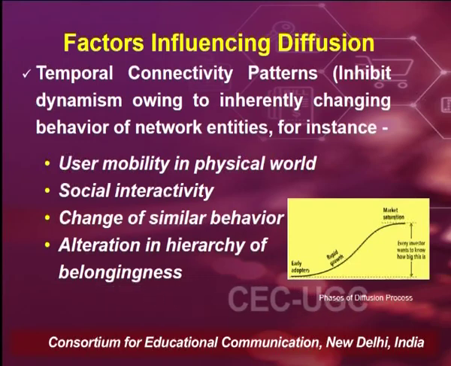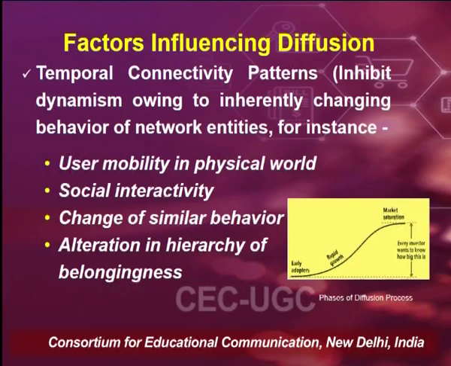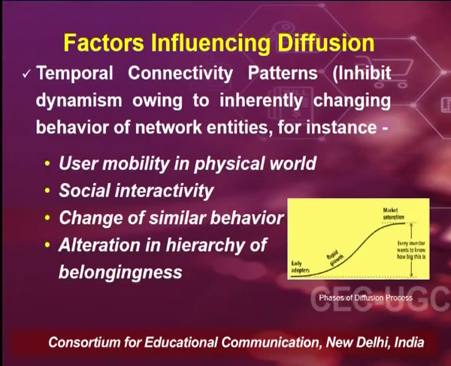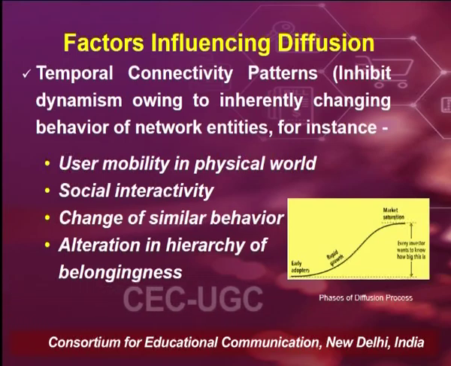Especially in commercial networks, this plays a very important role, that is, how fast the network is going to get saturated with the information. So these are the different factors that are influencing the diffusion process.